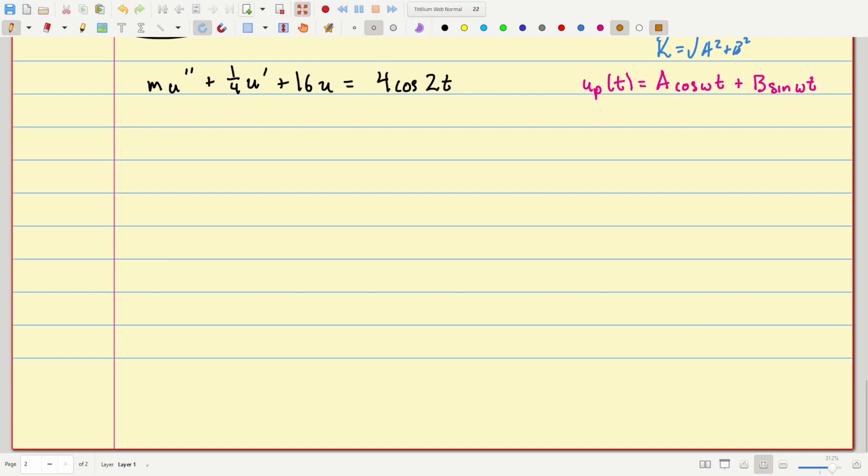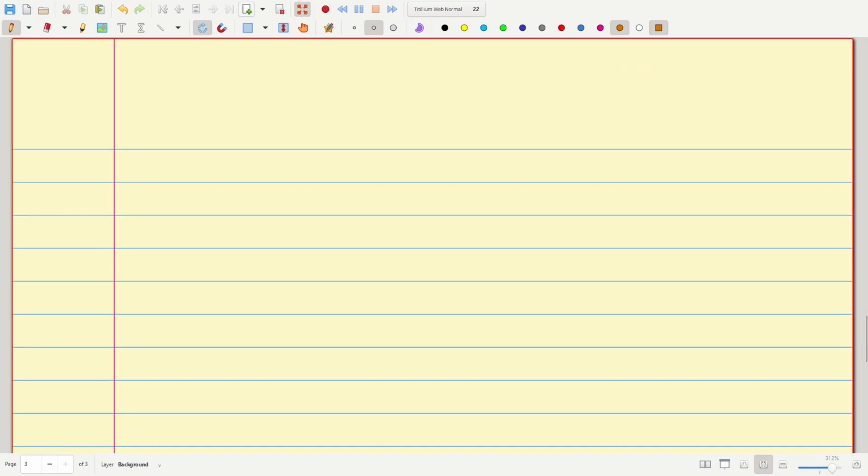All right, so let's talk about a couple of specific examples. There's another example like the one we just scrolled through that shows that you can also maximize the steady state as a function of frequency.